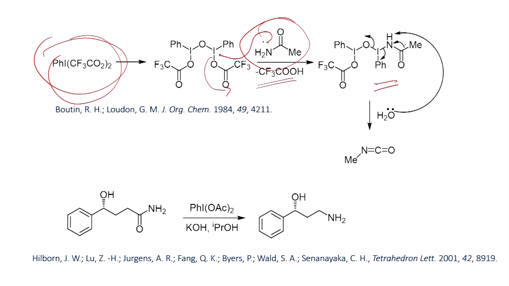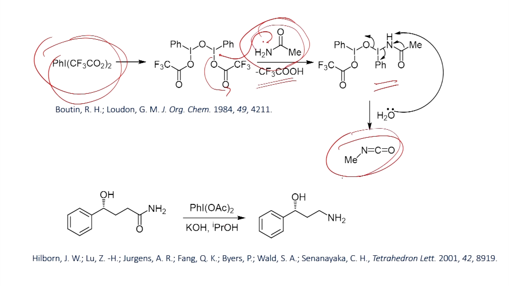Once you form this one, it can now convert into isocyanate as shown here. Once you form the isocyanate, it can be further reacted with the nucleophile. So in place of bromine, as you can see here, you can also use iodobenzene trifluoroacetate, which can readily react with the amide.